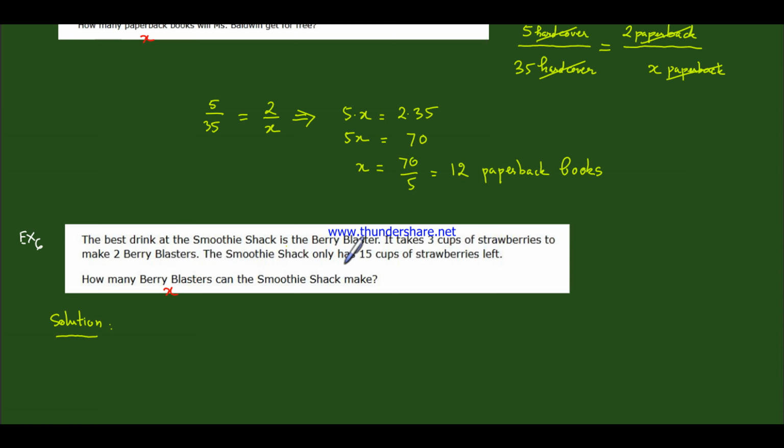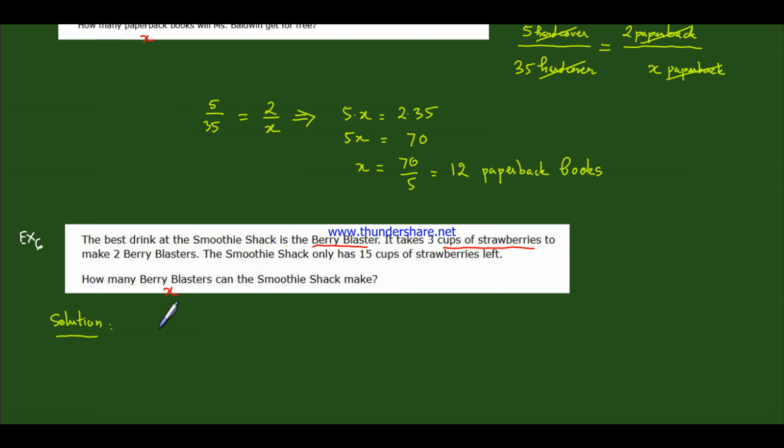The smoothie sack has only 15 cups of strawberry. So the second quantity is strawberry. The first thing is berry plaster, and the second one is cups of strawberry. Alright. Now we can set it up.